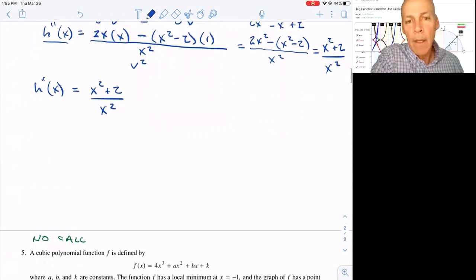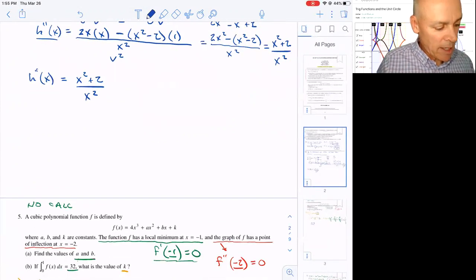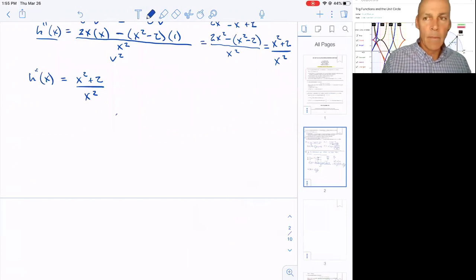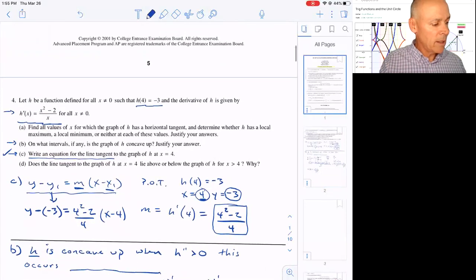Okay. Now, I can save myself time. If I look at my equation for the second derivative, because again, I'm looking for on what intervals, if any, is the graph of h concave up, and then justify your answer. I also want to keep in mind that h, if I go back to the problem here, h is our function.